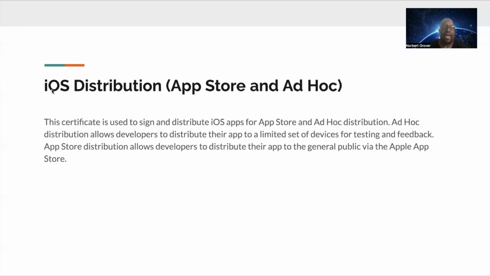Now, iOS distribution, App Store, and ad hoc. This certificate is used to sign and distribute apps for App Store and ad hoc distribution. Ad hoc distribution allows developers to distribute their app to a limited set of devices for testing and feedback. App Store distribution allows developers to distribute their app to the general public via the Apple App Store.